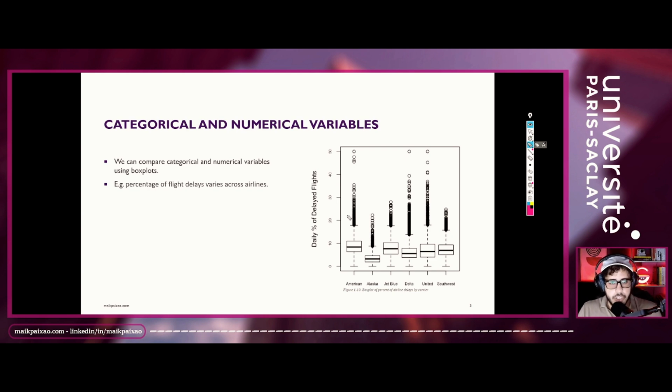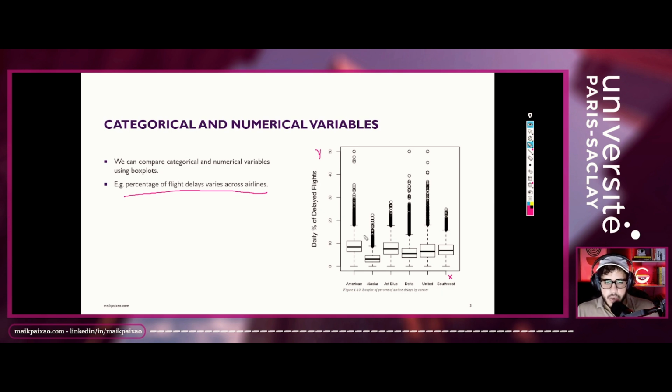Let's look at an example of the percentage of flight delays in a few airline companies. Here on the x-axis, this is x, this is y, we have six airline companies: American, Alaska, JetBlue, Delta, United, Southwest.